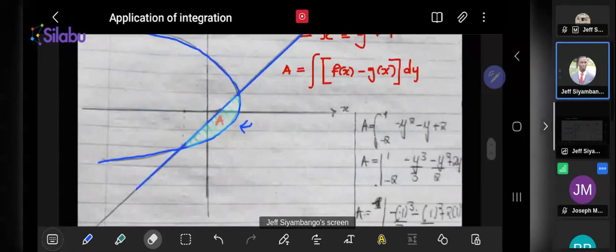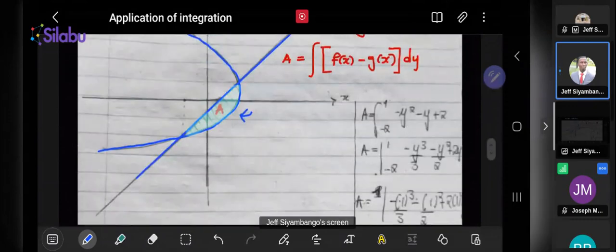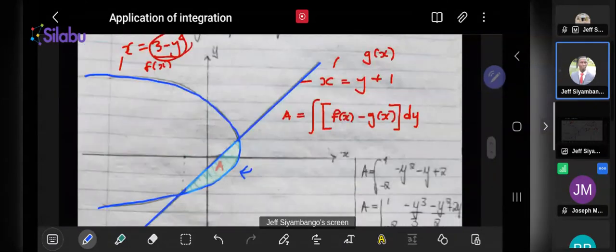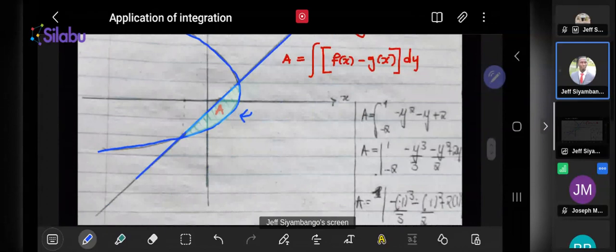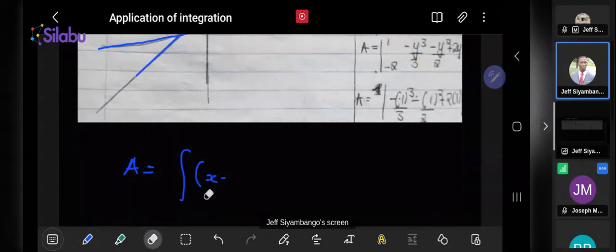Okay, while I'm waiting for his question, let me just write down what you're going to do here. I've labeled these. The curve becomes the one you're taking as f of x. So that is x minus y, x cubed minus y squared.